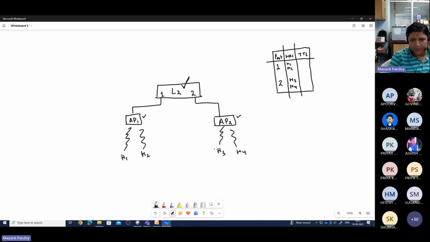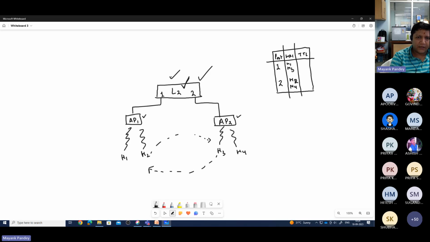Now suppose M3 moves and joins under AP1, and M2 moves and joins under AP2. This can happen because if these are mobile nodes, you keep on changing the access points also. Suppose this happens, then what will happen? Switch will again learn that now M3 is under port number 1 and M2 is under port number 2.